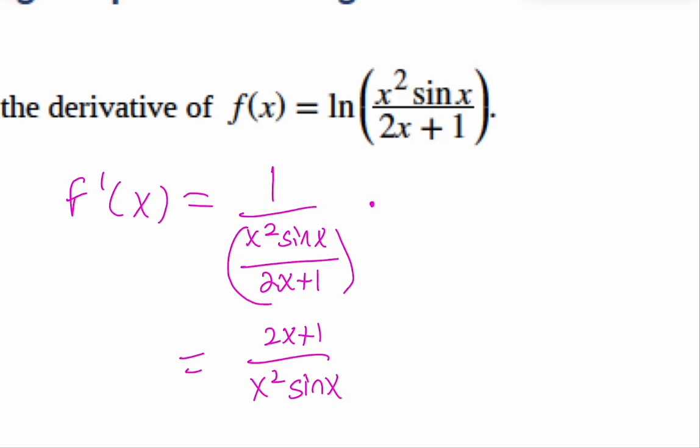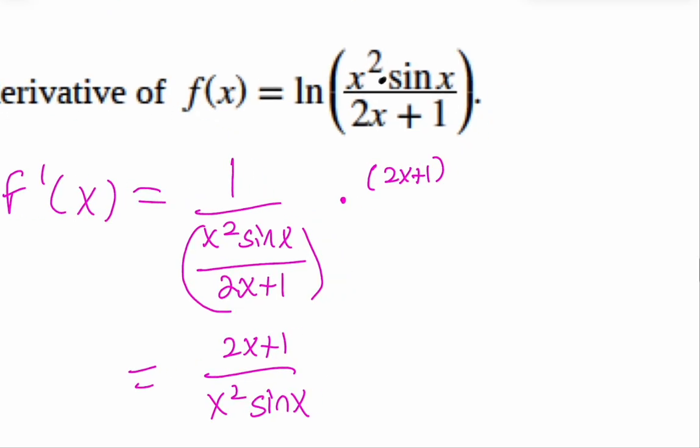But don't forget, we have something stuck inside. What rule do we have to use for the thing stuck inside? It's a quotient. We got to use that quotient rule. Let's put a little dot there. Okay? So when we do that derivative, it's going to be the bottom times the derivative of the top. Now the top is gross because it's a product rule.